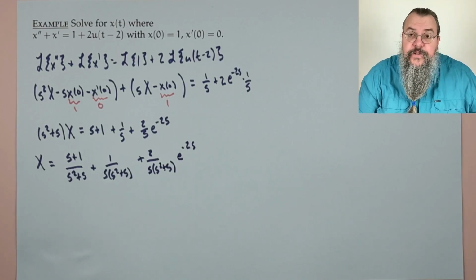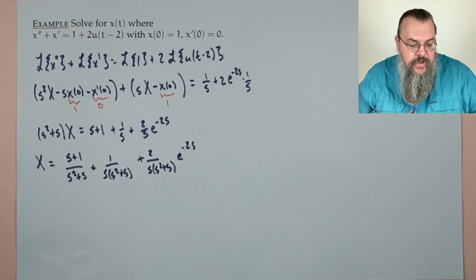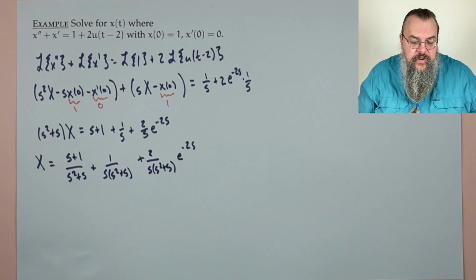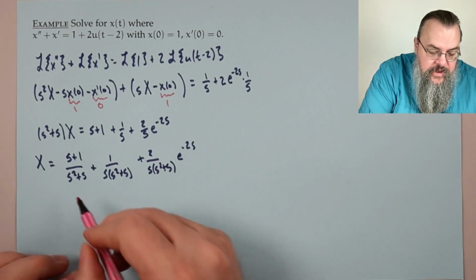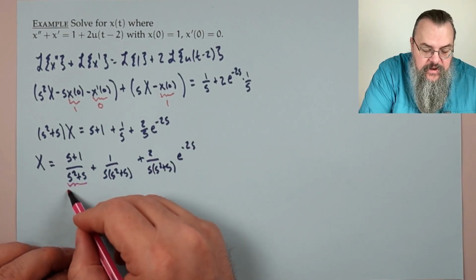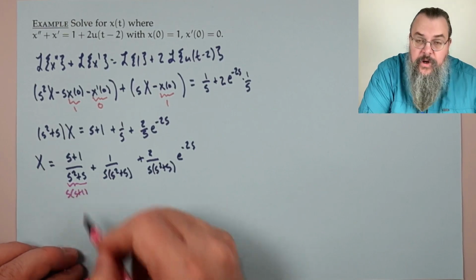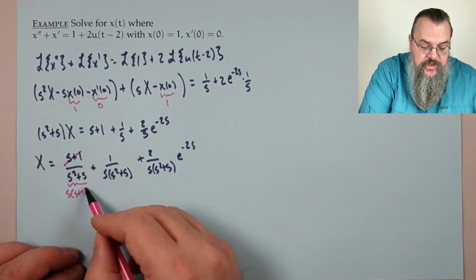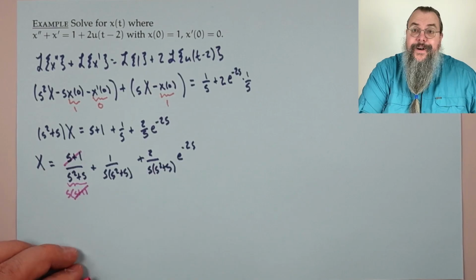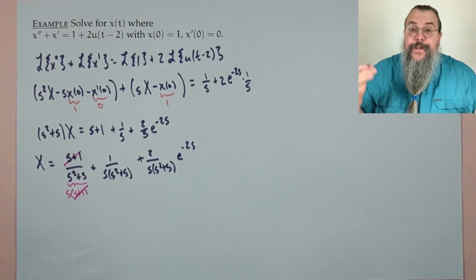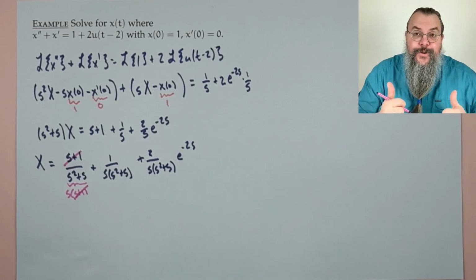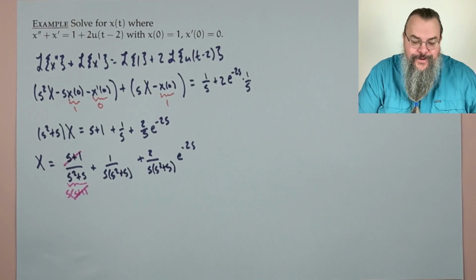Now, this first term, s plus 1 over s squared plus s. Notice that s squared plus s is the same as s times s plus 1. You can actually divide, and we say, nice! It's 1 over s.